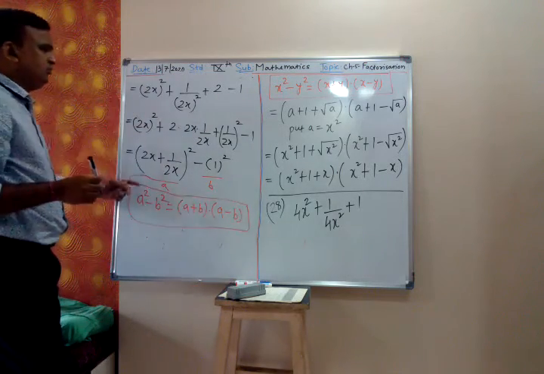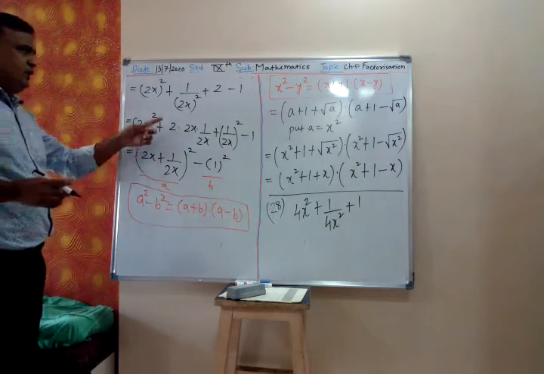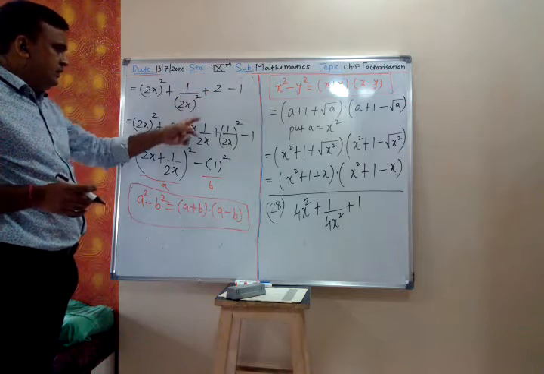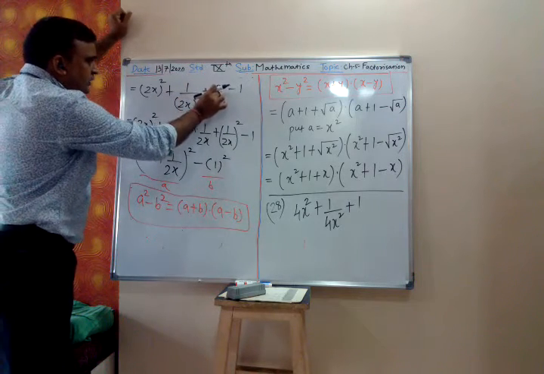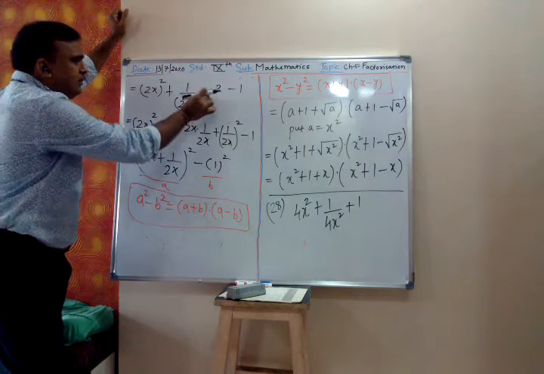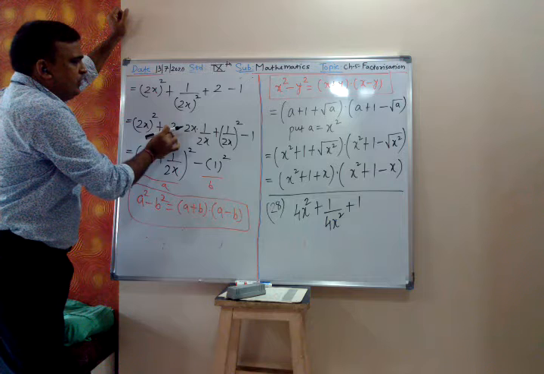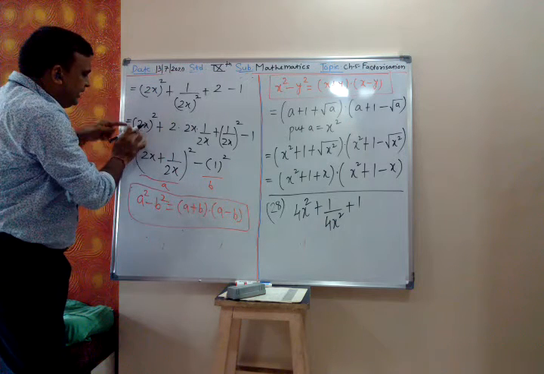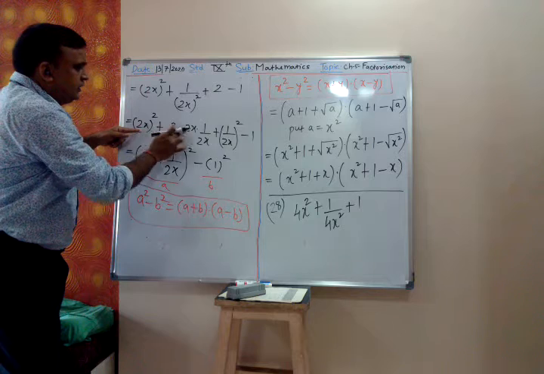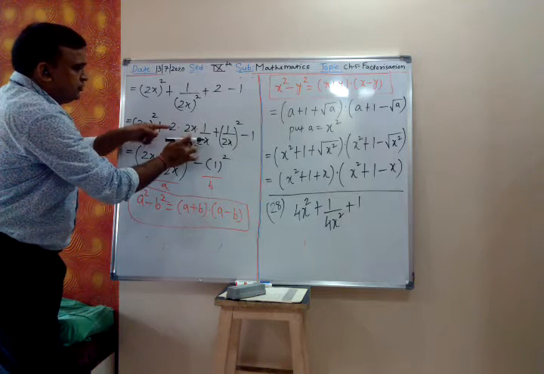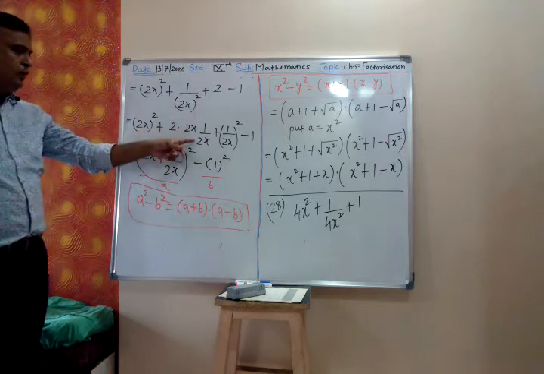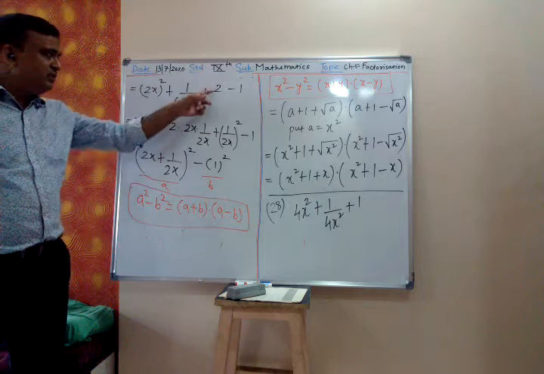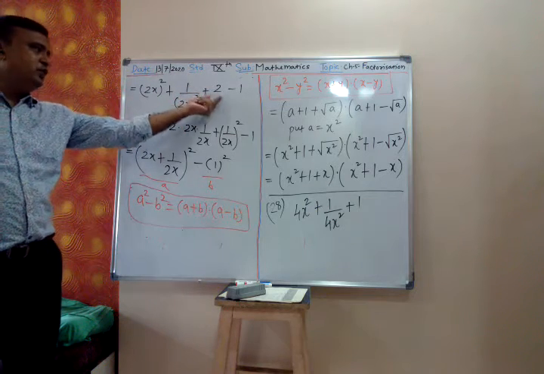Second step, this 2 is my middle term. And how we have got 2? 2 I have written 2 into A, 2x into B, 1 upon 2x. 2x get cancelled. What is left? 2 is left. So this 2 is my middle term.